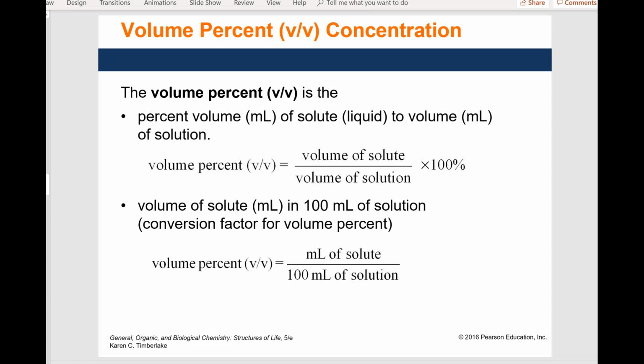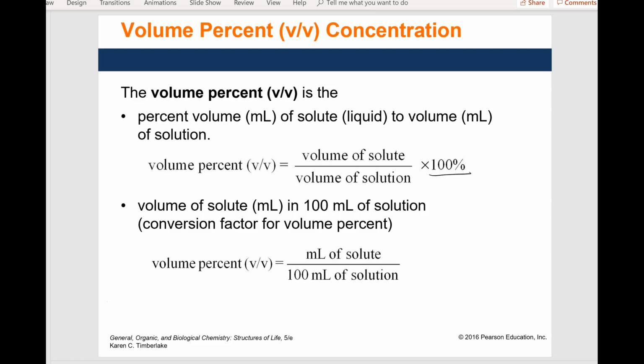And again, we can use the given volume of a solute and the given volume of solution to calculate the volume percent, or we can use the volume percent that's given to determine how much solute is present in a given volume of solution. And again, we assume that the total volume is 100 since we're dealing with a percent.